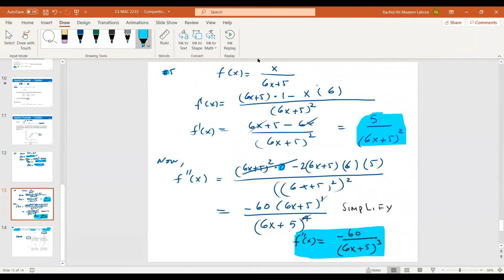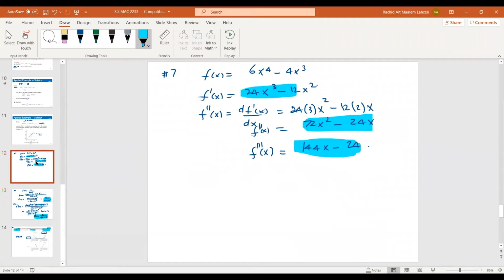And the derivative of the denominator, but now remember the chain rule, right? And once you get that, just like in 3.3, now we simplify these. And we get negative 60 divided by 6x plus 5 to the third. And these are the steps for it.